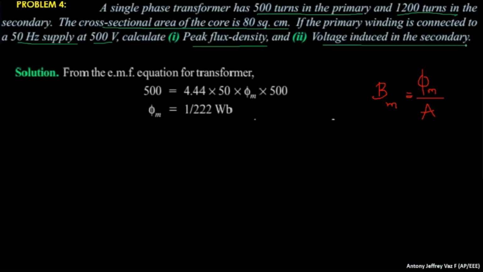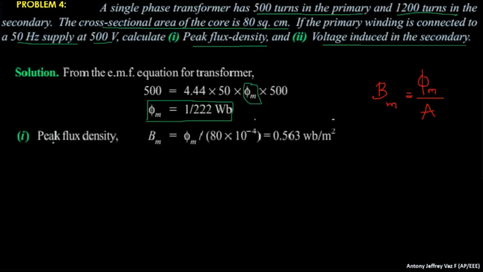For the solution, you need to find the flux present in the core. You can use the EMF equation E is equal to 4.44 F phi m N1. By applying this, you get the maximum flux in the core, phi m, as 1 divided by 222 Webers.